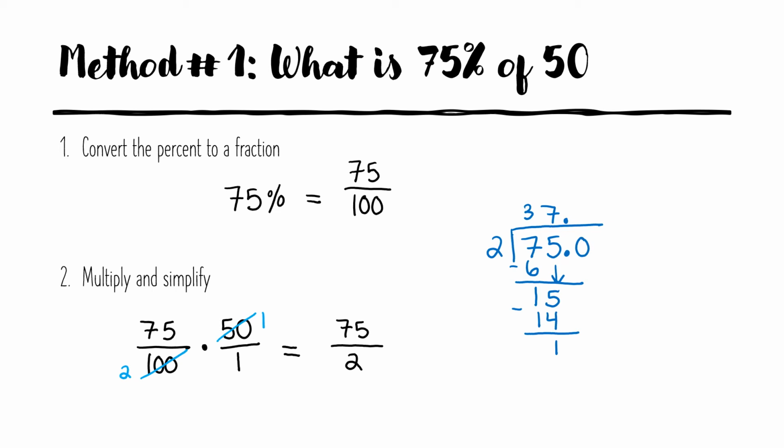And then we'll need to carry down a 0. And 2 goes into 10 5 times. And 10 minus 10 is 0. So 75% of 50 is 37.5.